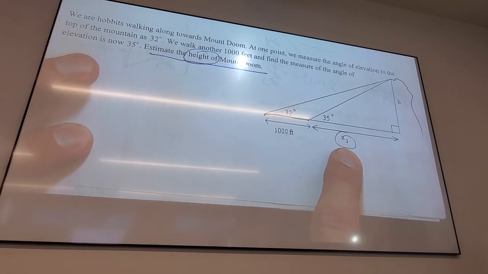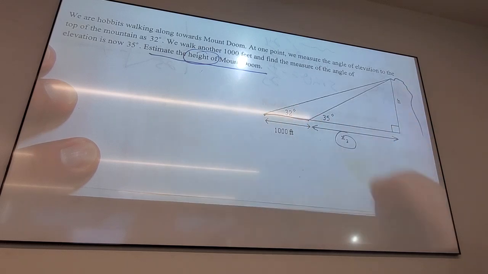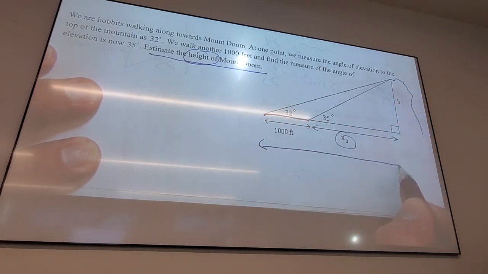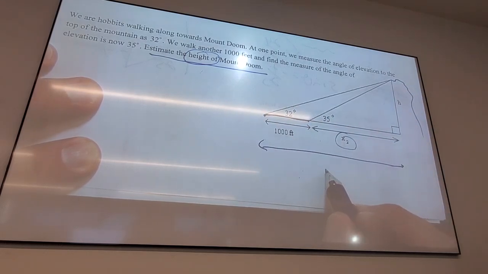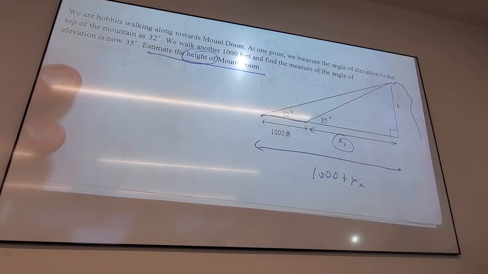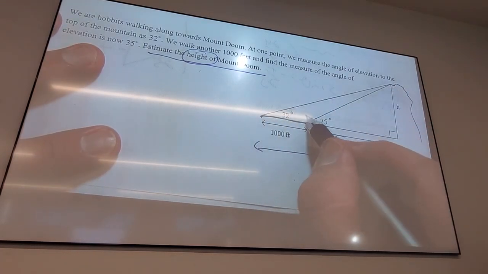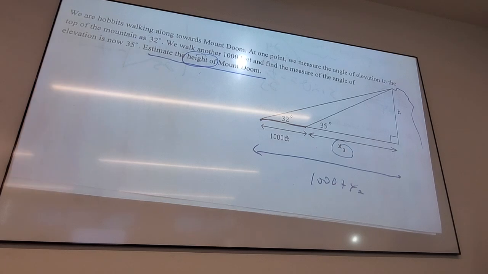Okay. So what you want to do, look at the big triangle. How long is this side of the big triangle? Be careful, because does 1,000 feet show up in any right triangle by itself? No. That's in this weird scalene triangle, yes? That is a weird triangle. We're not ready for that yet.